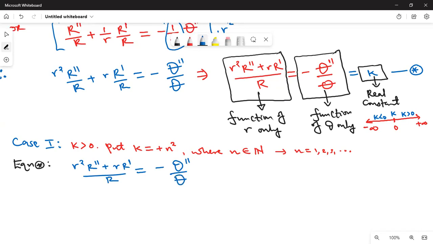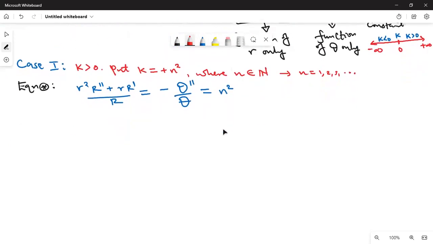Remember this capital theta. This equals n squared. If we equate each of the expressions to n squared, what are we going to get?